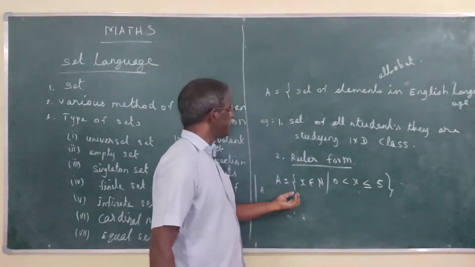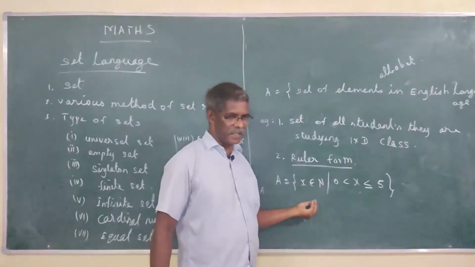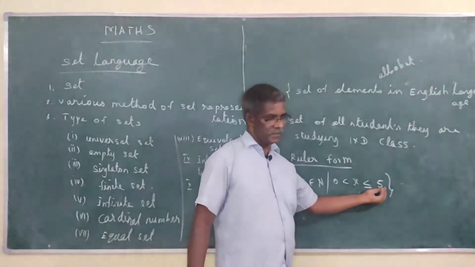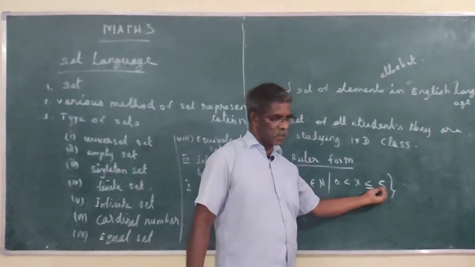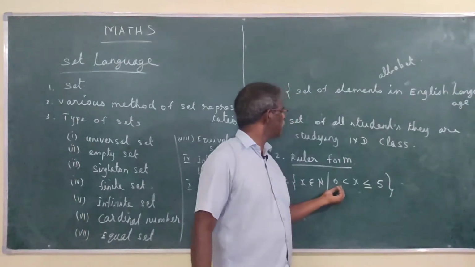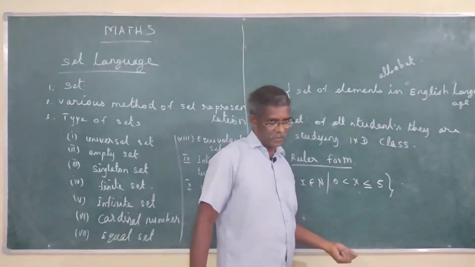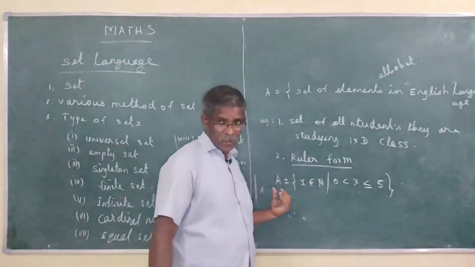Here they are giving some conditions. x should be an element of natural numbers, and x is between 0 and 5, that means greater than 0 and less than or equal to 5. So we easily understand the elements: 1, 2, 3, 4, 5. This method is called a ruler method.